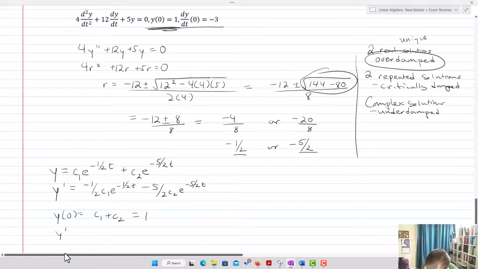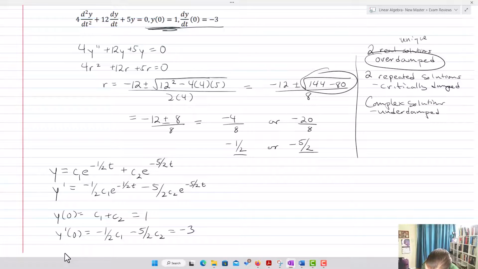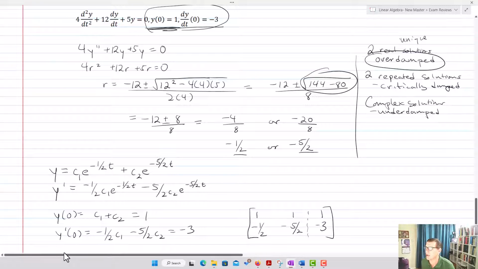And then y prime of 0 equals negative 1/2 c1 minus 5/2 c2, and that'll equal negative 3. So what we'll have now is a system: 1, 1, 1; negative 1/2, negative 5/2, negative 3. Okay, just based upon this information and what I got for my general solution.